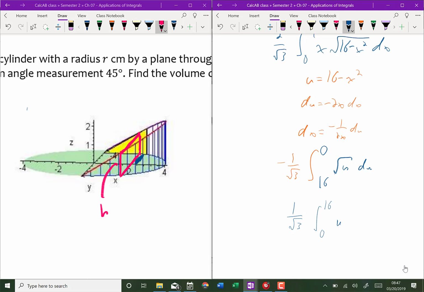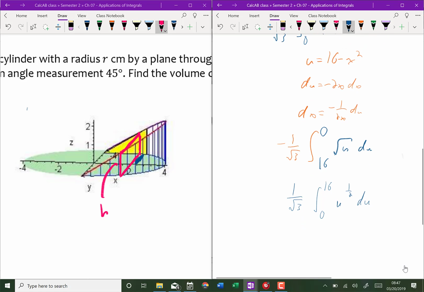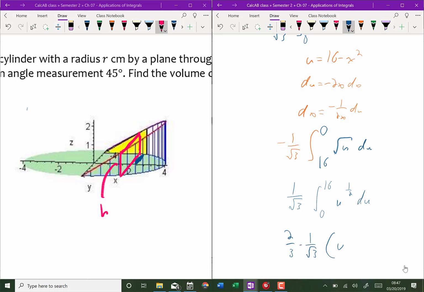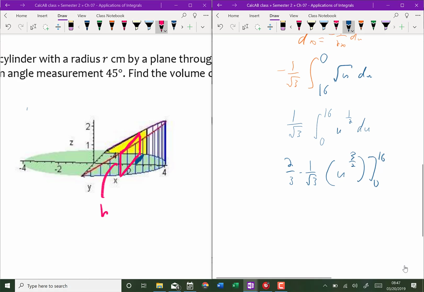I'm going to express this as u to the 1/2 now. It's kind of getting ready to integrate. Integral of u to the 1/2 is 2/3 u to the 3/2. So we're going to pull the 2/3 out, keep this as 1 over root 3. Then this is u to the 3/2 evaluated from 0 to 16.